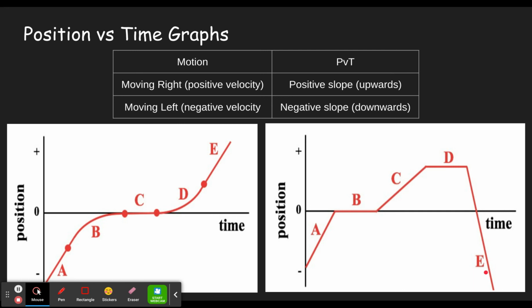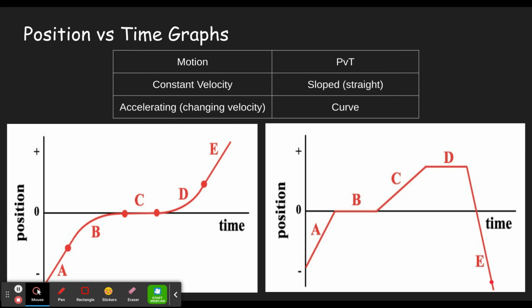You'll also see questions like, is it moving towards the starting point or away from the starting point? So you have to look at where it starts at time 0. So at time 0, A is moving away from the starting point, C is moving even farther away from the starting point, E is moving towards the starting point. All right, so that's how you'll do questions like that.